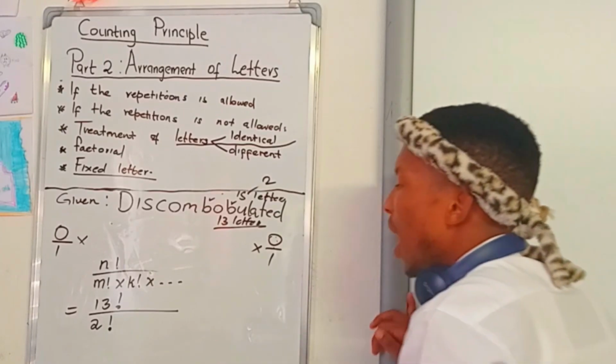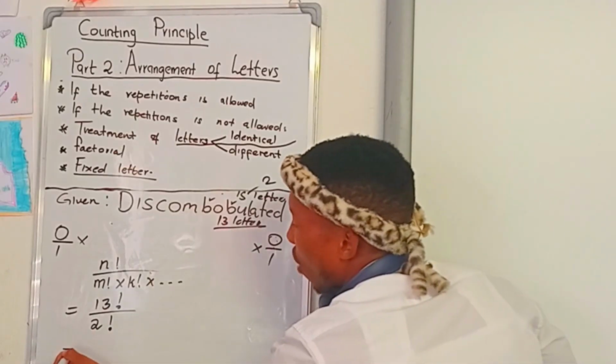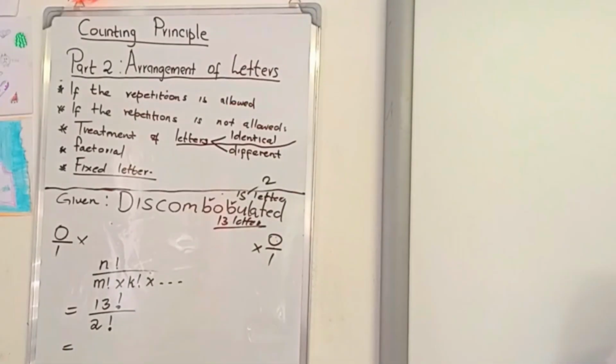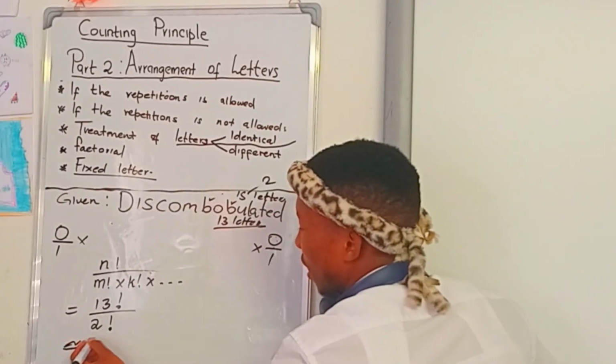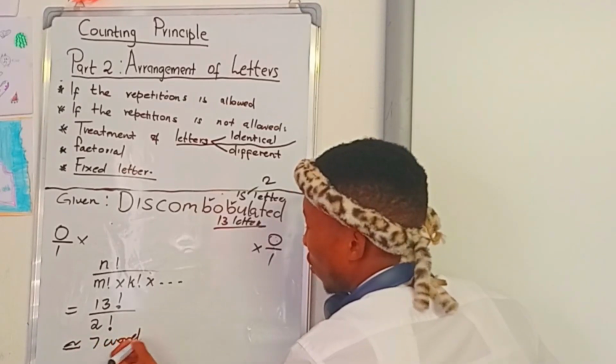No, we don't have another letter that is repeated. Therefore, after that, you punch your calculator. Then we have 13 factorial divided by 2 factorial, all right? Therefore, your answer is going to be approximately 7 words. That's what is created, okay?